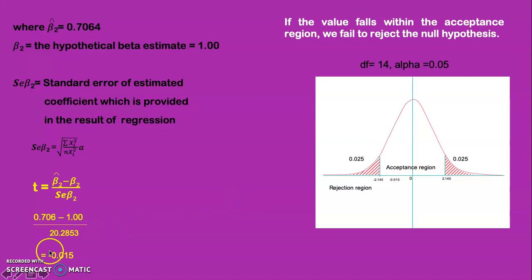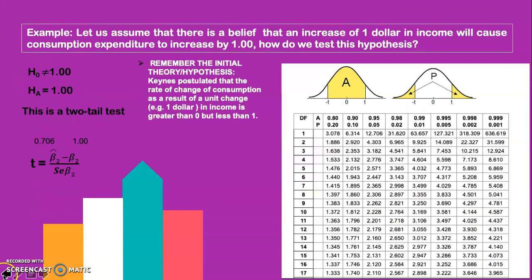If the t-test value falls within the acceptance region, we're going to accept the null hypothesis. But if it falls outside the region, the part that is shaded red on both sides, we're going to reject the null hypothesis. Now, our null hypothesis says that an increase in $1 in income will not cause consumption expenditure to increase by 1.